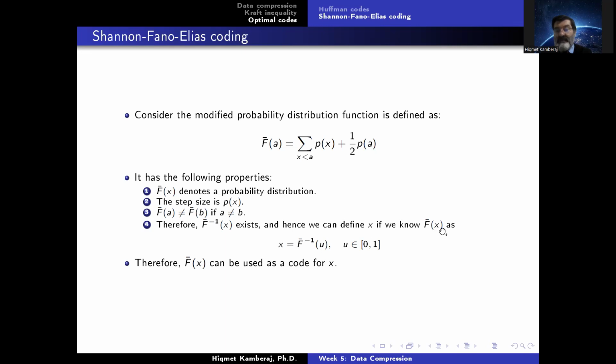If we know F bar of x, then F bar minus 1 of some u is equal to x, where u is a number between 0 and 1. Therefore, F bar of x can be used as a code for x. All right.